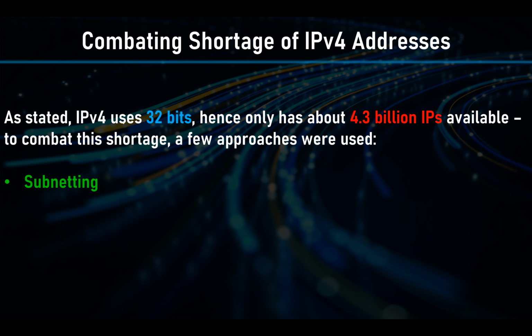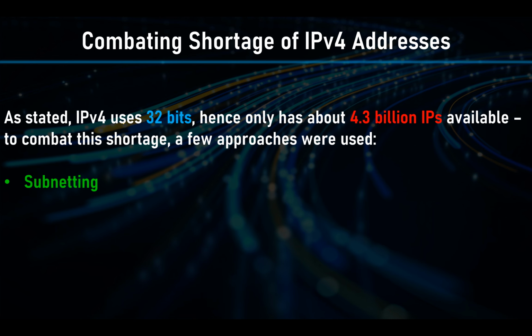So we might have a network that only needs 1,000 hosts, but either we had to have many class C networks, or we'd have to buy a class B network, and class B, I think, was 65,000 different IPs. So if we're only using 1,000 of them, 64,000 of those IPs are just going to be wasted.